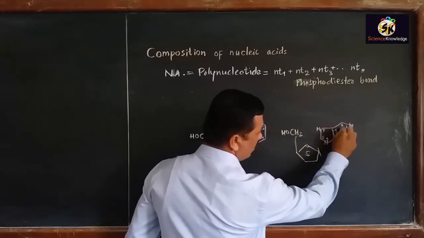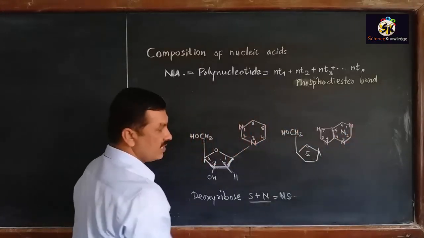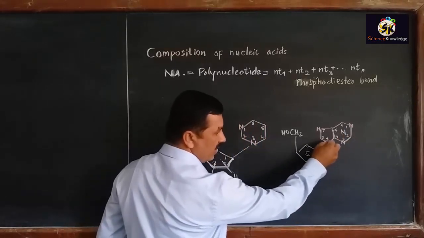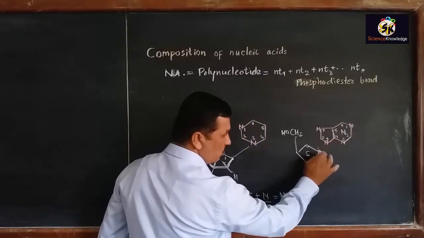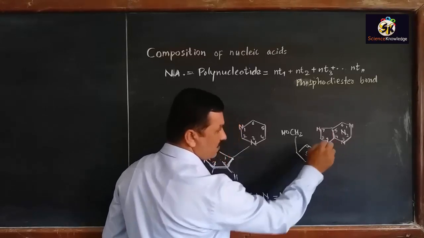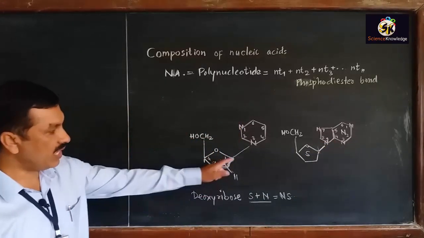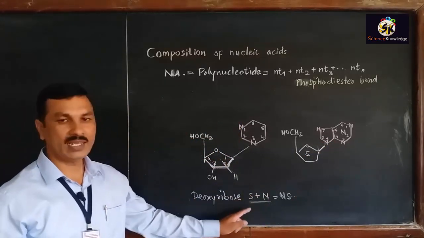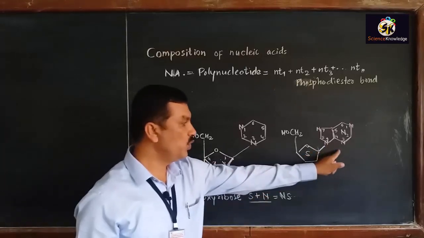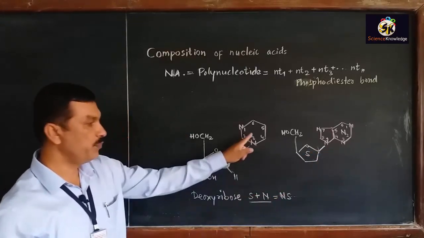This interaction will be between carbon number 1 and nitrogen number 9, so a bond will be produced here. In this way we will have a nucleoside, either with a purine or with a pyrimidine.